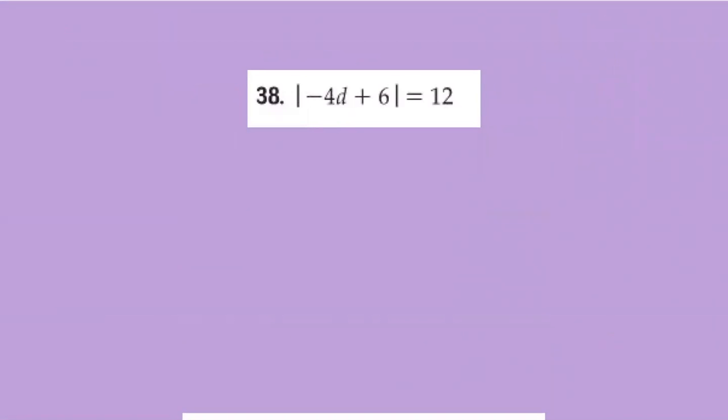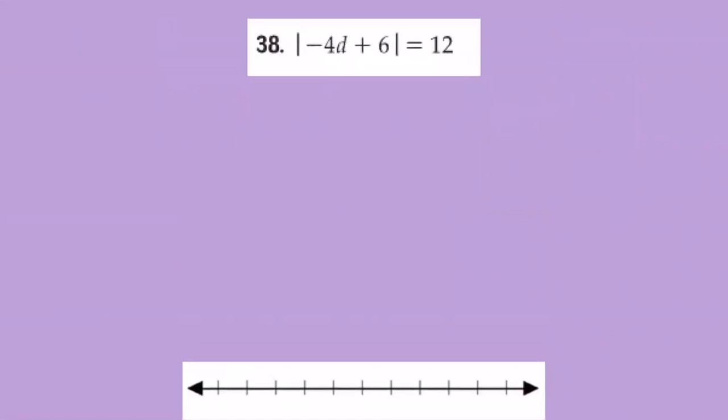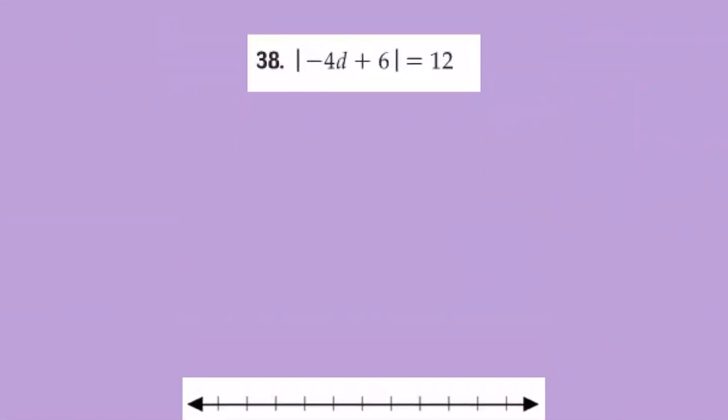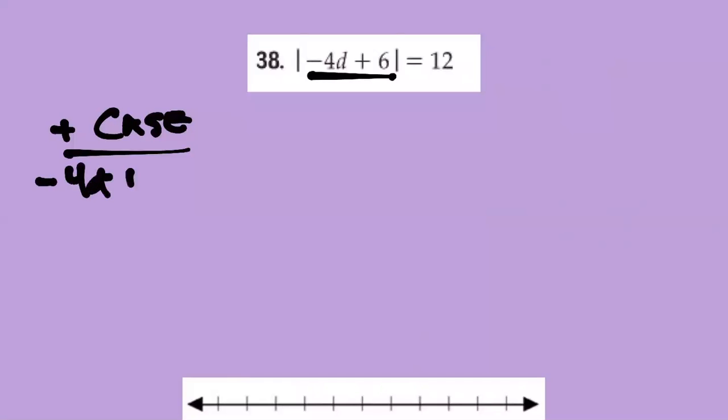Okay. Let's try this. We have our two cases, our positive and our negative case. So let's do our positive case. This stuff is already positive. Negative 4d plus 6 stays positive and equals 12, and you don't really have to do anything with the absolute value brackets.